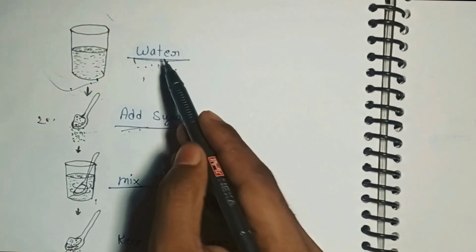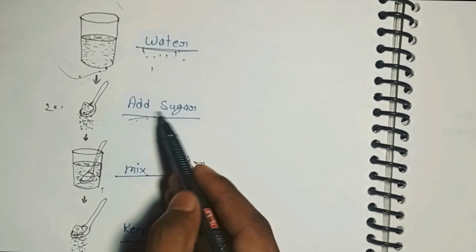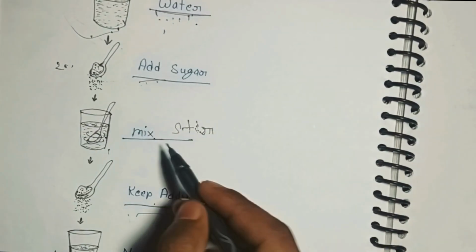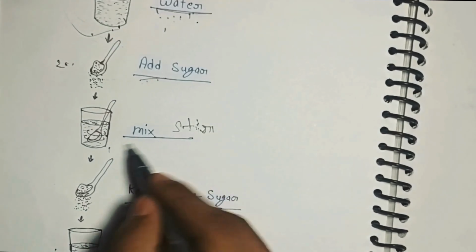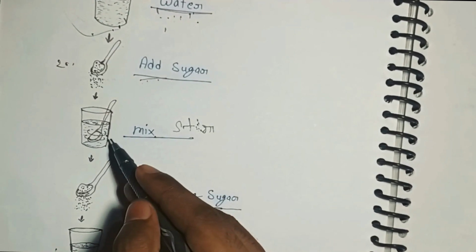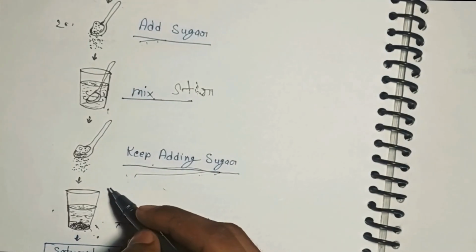Imagine this glass contains water and we start adding sugar and we stir the solution. Initially all the sugar dissolves, but we keep adding more sugar.